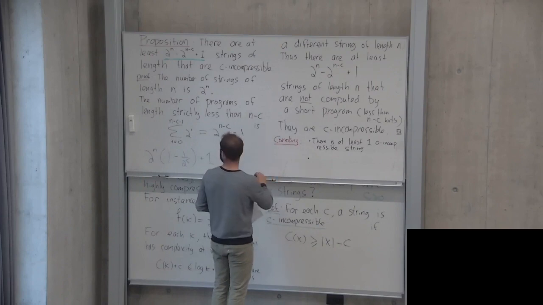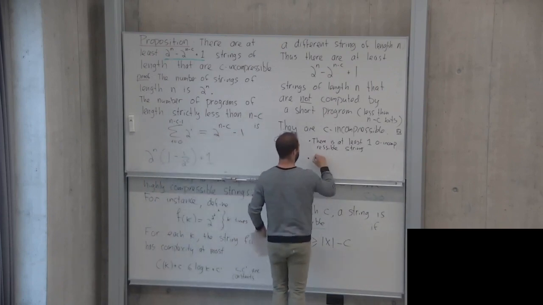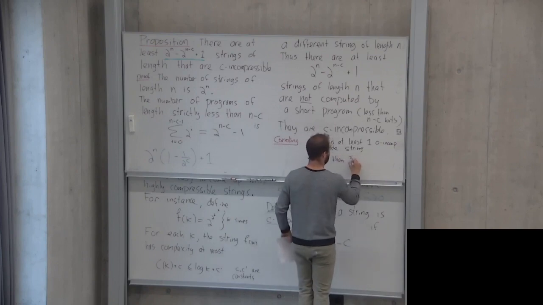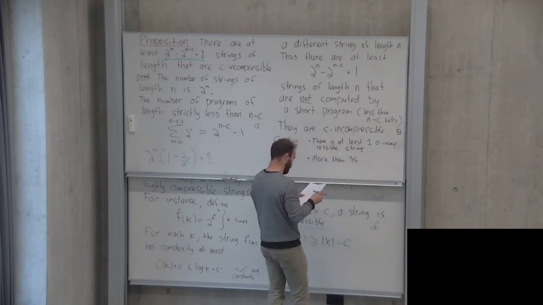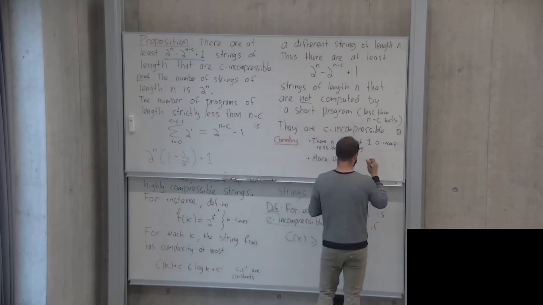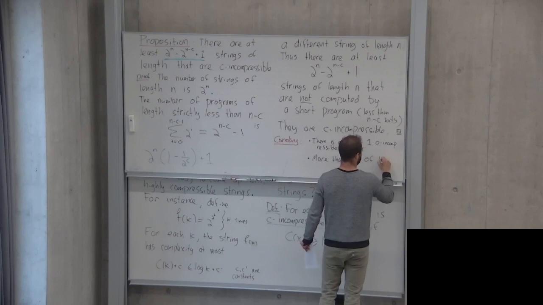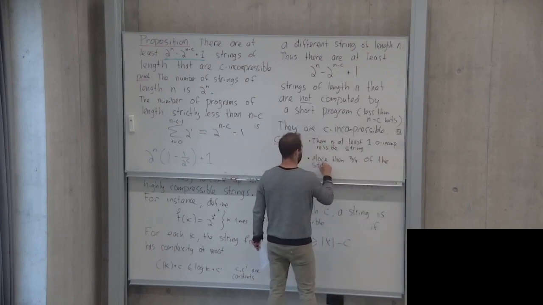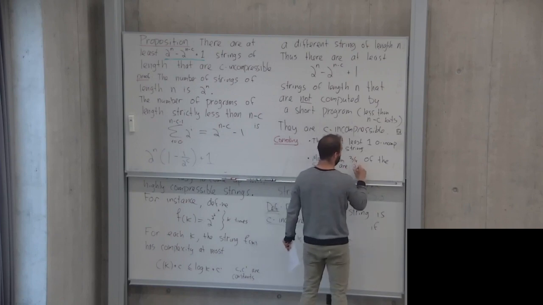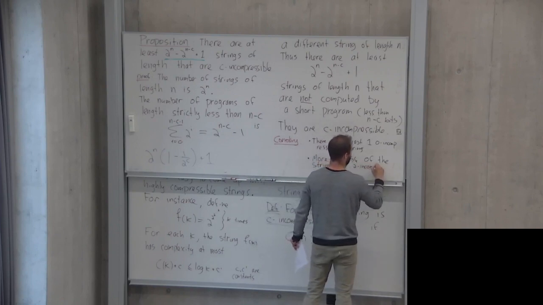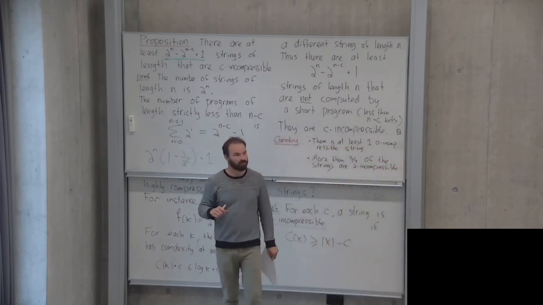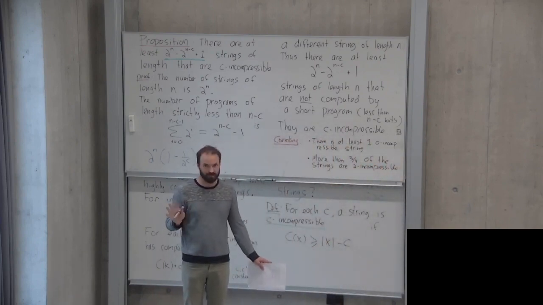So the plus 1 enables me to write more than 3/4 of the strings are incompressible. Okay, so there's a lot of strings that are basically incompressible.